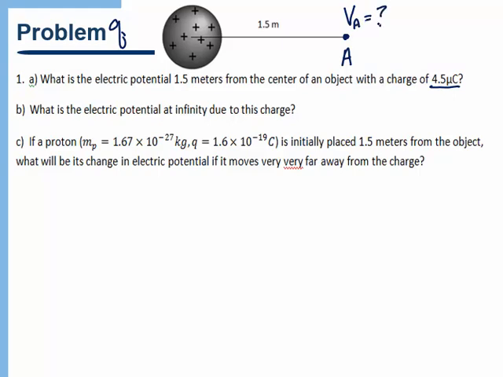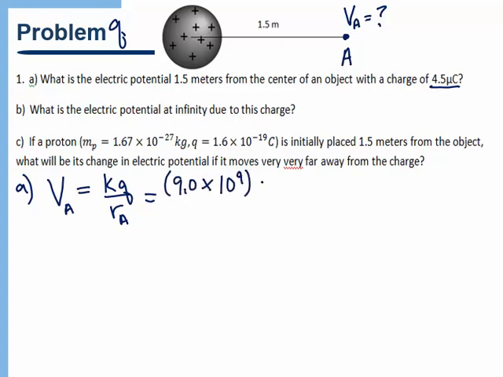Well, the good news is that's just an easy calculation. It's just plug and chug. We know that the electric potential created by a charge, either a point charge or a sphere of charge when we're outside the sphere, is equal to kQ over r. And here I'm going to put on an A because we're looking at point A. So k is our constant we're familiar with, 9 times 10 to the ninth.